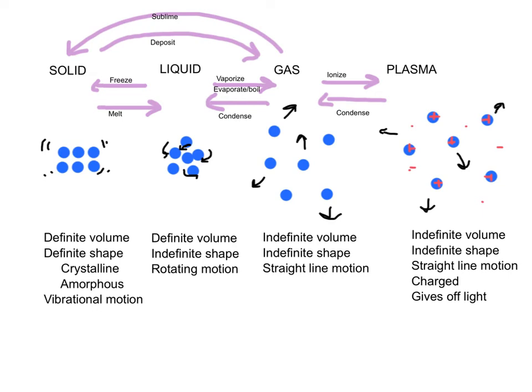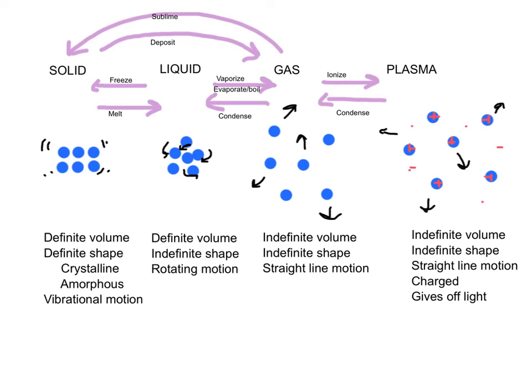If you continue to heat a gas, you will turn it to a plasma, and the only difference between a gas and a plasma is that when gas particles collide with enough force, they actually break the atoms apart temporarily, so that the nucleus, the positively charged nucleus, and you can see I have sort of little pink positive signs in the middle, those positively charged nuclei lose their electrons temporarily. They get knocked off, but they're attracted back to the nucleus, so they go back home eventually.